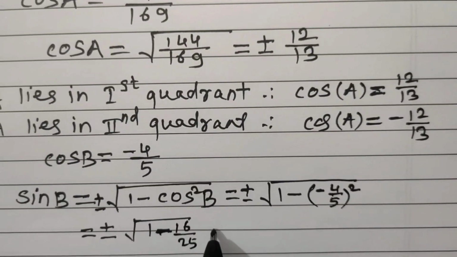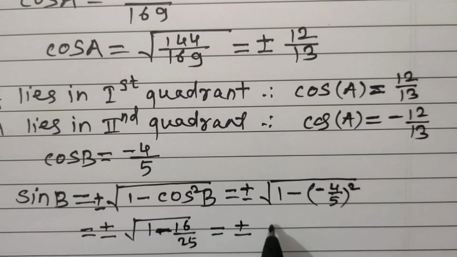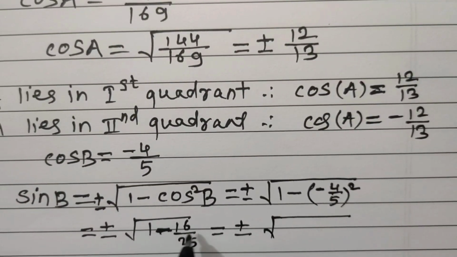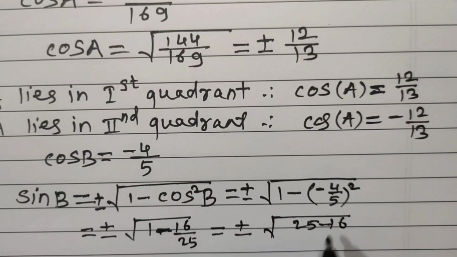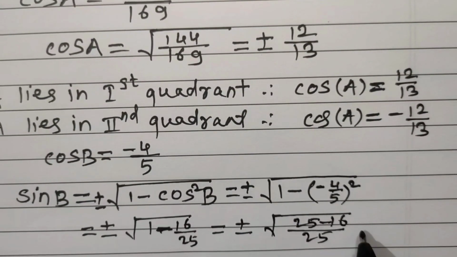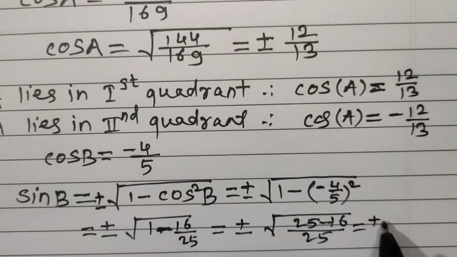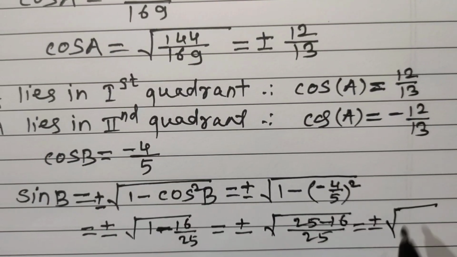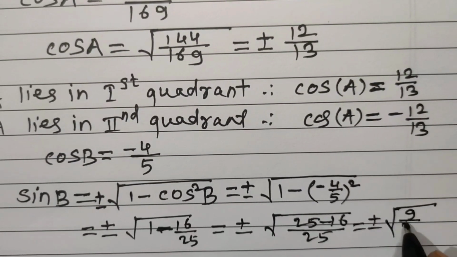Again this is plus or minus square root of 25 minus 16, which is 9, divided by 25.